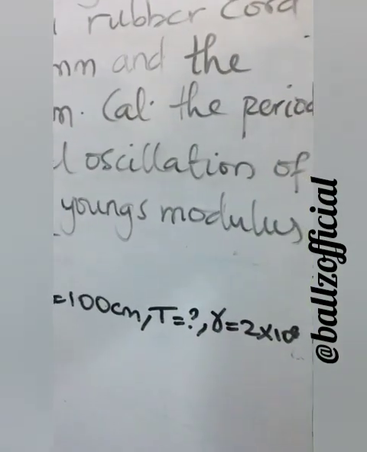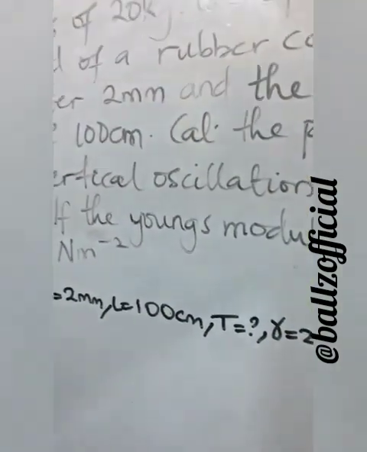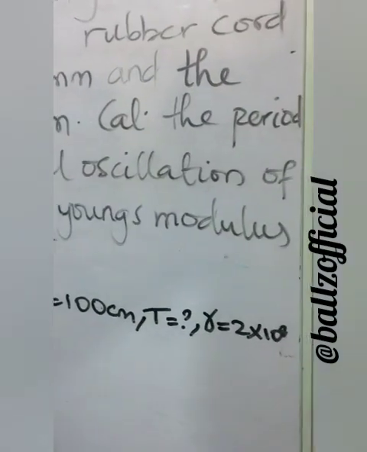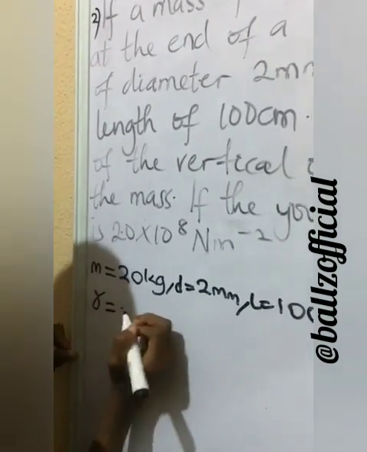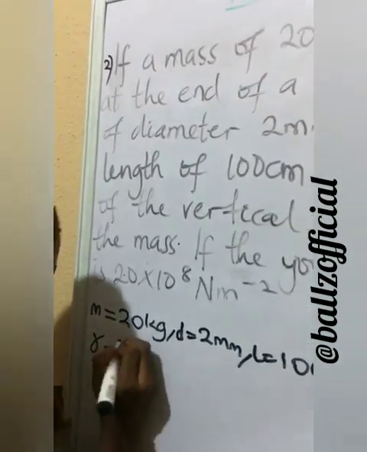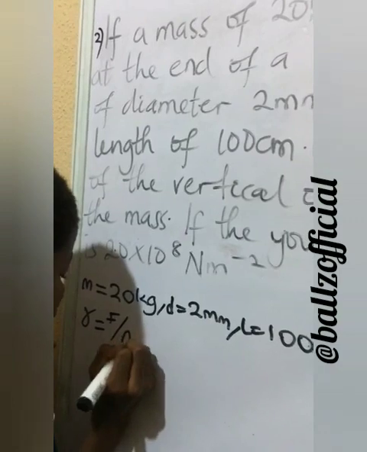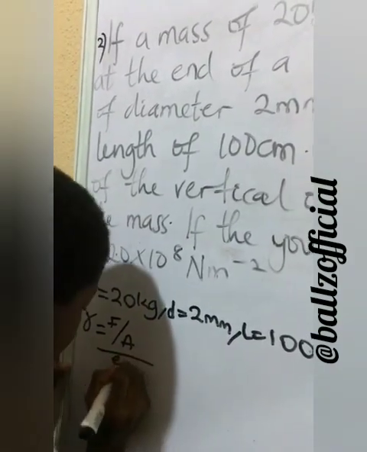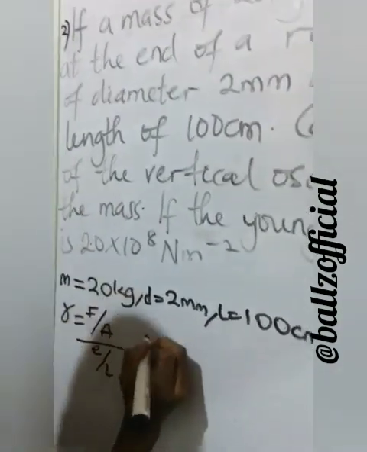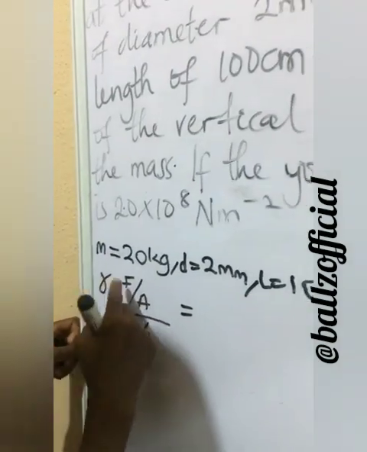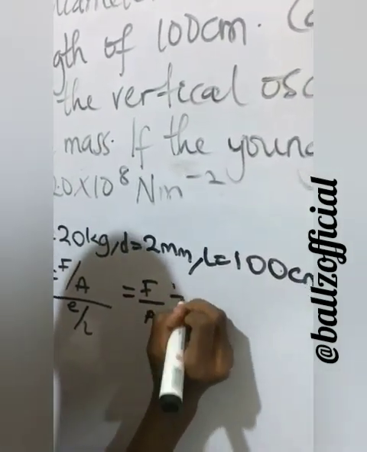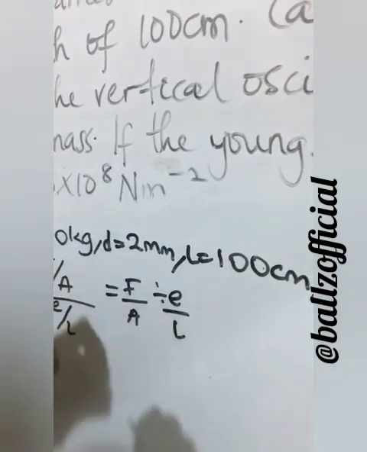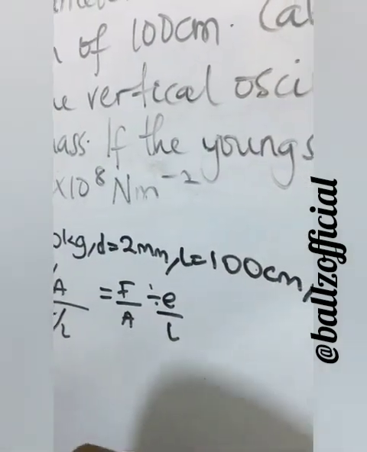So we are going to have to derive the formula. So what we are going to do now is Young's modulus is equal to stress over strain. I know stress is force over area, then all over strain is extension over length. Therefore, Young's modulus is equal to force over area divided by extension over length. To change divide to times, we are going to have to invert.